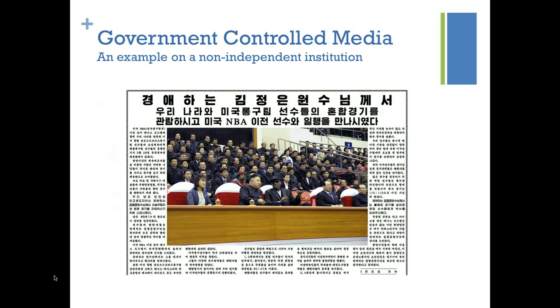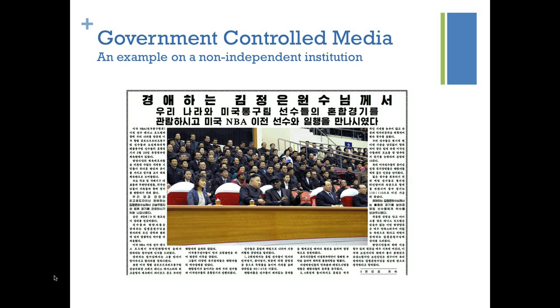For example, this is a newspaper out of North Korea. Any information on North Korean media, whether it is online, whether it's a newspaper, whether it's a magazine, whether it's a radio broadcast, whether it's a television broadcast, is 100% controlled by the government. That is not information, that is propaganda.